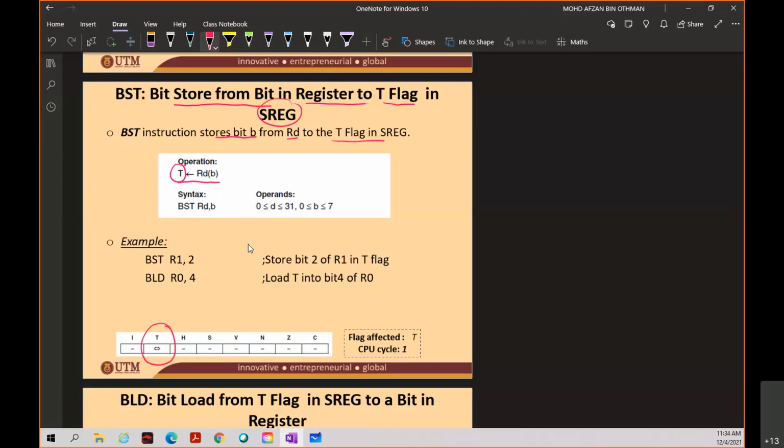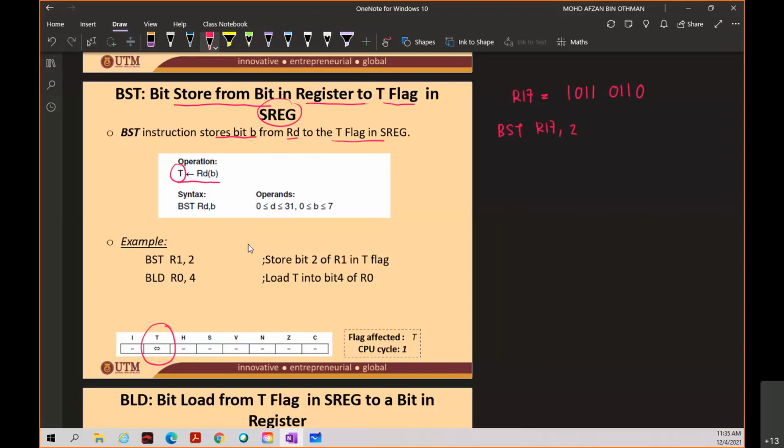Okay, I put some examples here. You have R17 with a value such as 1011 0110. Then I use BST R17, 2. So what happened here?